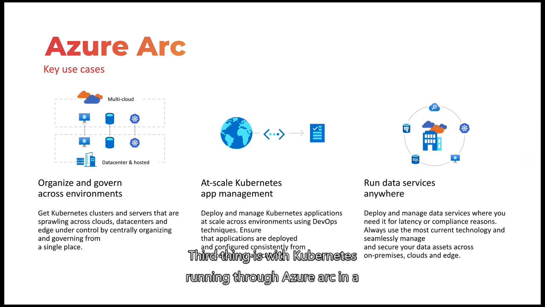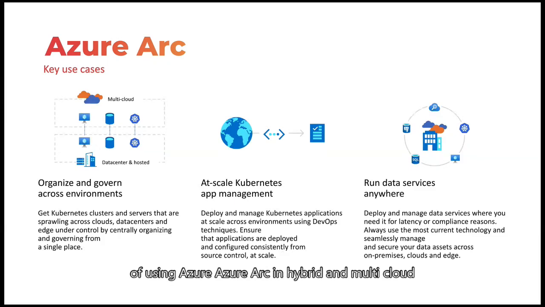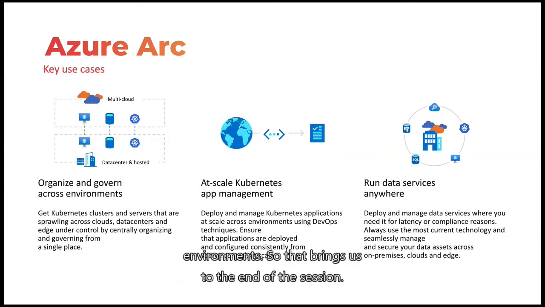Third thing is, with Kubernetes running through Azure Arc in different environments, you can run managed data services that are provisioned, launched, and completely managed from Azure portal. So those three are the critical capabilities and benefits of using Azure Arc in hybrid and multi-cloud environments.